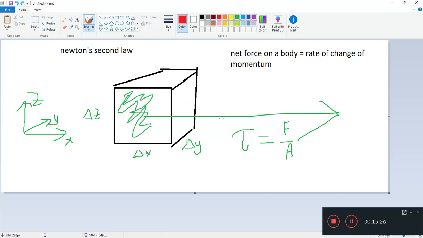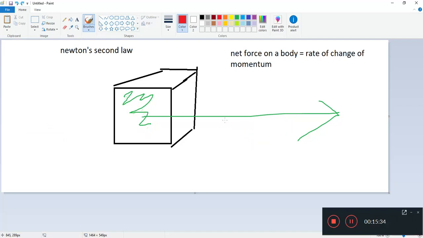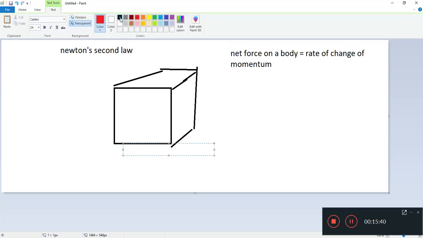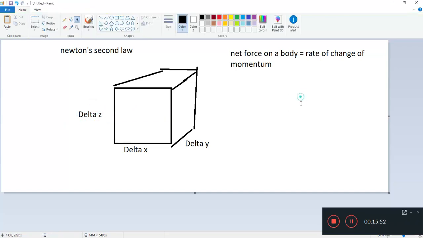Now, I know this green is going to be very confusing if I use too much of the same color. It's going to be a point that you can't see much. So I'm going to get it back to the box. I'm going to label it properly, delta x, delta y, and the last part here, delta z. And I'm going to push it here.